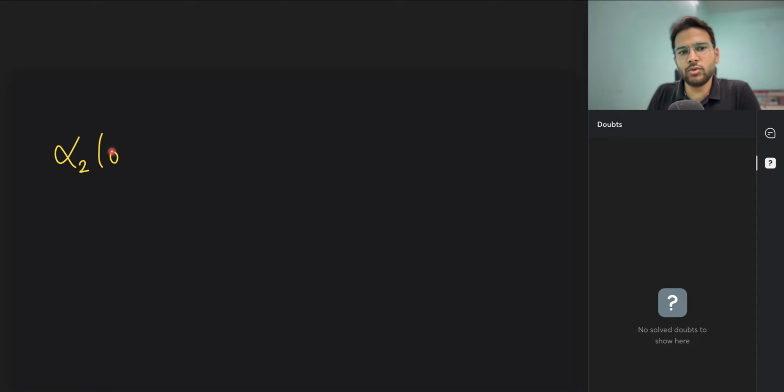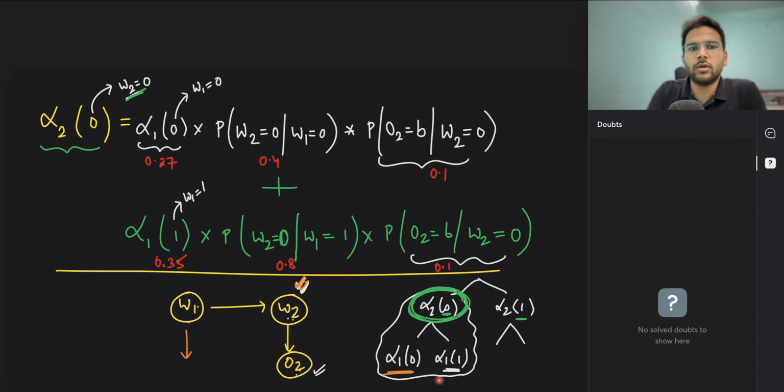Now, if you compute this, alpha 2 of 0 is 0.27 into 0.4 into 0.1. Can you do it? Let me do it also. 0.27 multiplied by 0.4 into 0.1. Okay, then yes, that is correct.